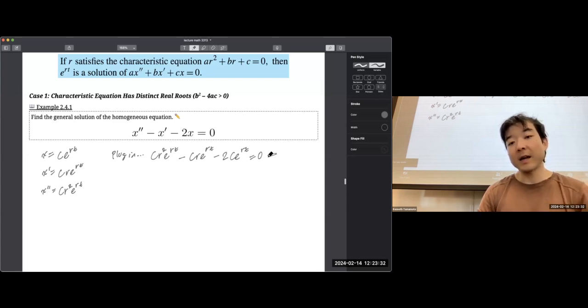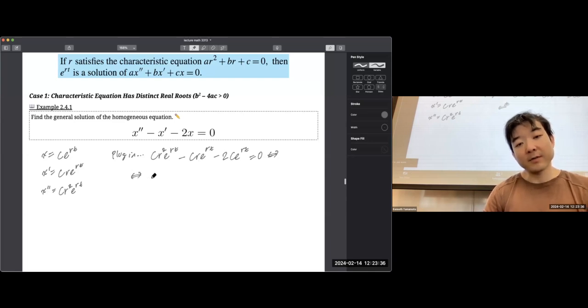You can factor out a c e to the rt. You're left with r squared minus r minus 2 is equal to 0.